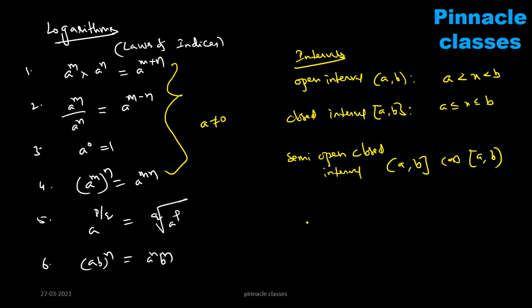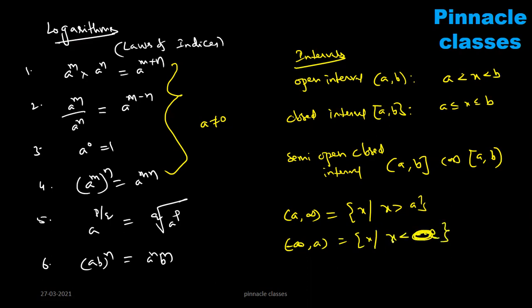Now, one more thing, infinite intervals, a comma infinity. What is the meaning? Suppose x says that x is greater than a. Minus infinity to a. What is the meaning? x such that x is less than a. Minus infinity to infinity.